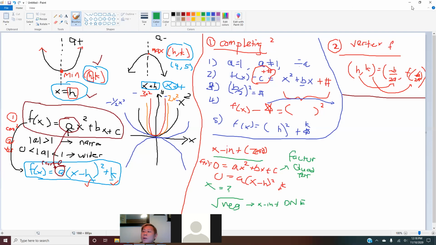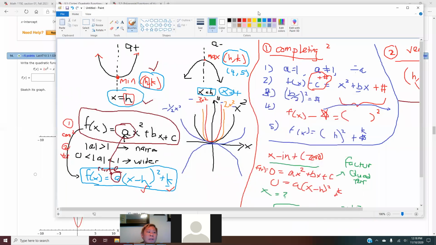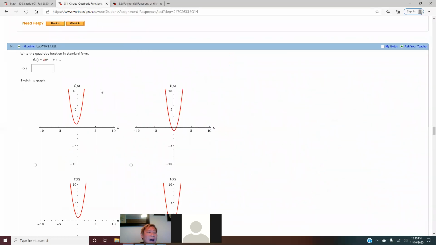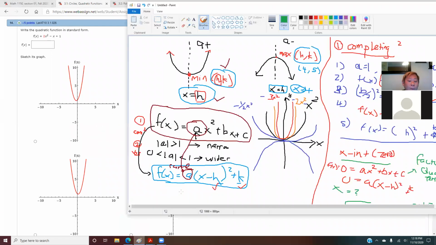Okay. One of the questions that students ask me a lot is this question number 14. This question 14, they ask you to write this equation in the standard form. So that means they give you the quadratic, ax squared plus bx plus c, and they want you to write it in the standard form, which is the blue one here.